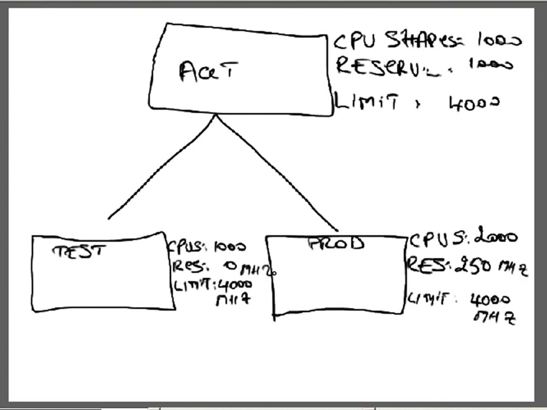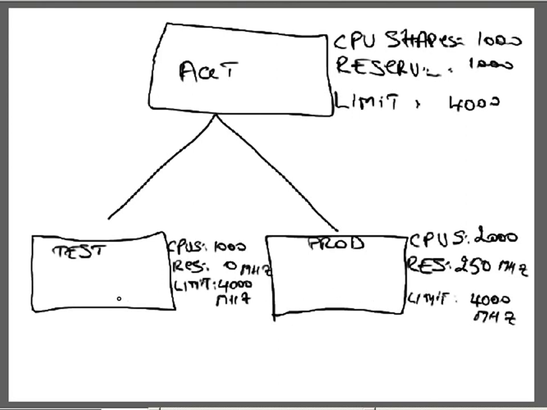So as you can see in this example, we're clearly giving the virtual machines that are in prod the advantage over the virtual machines that are in test. So as far as CPU shares are concerned, the virtual machines in prod, the accounting department, are going to get twice the amount of access time to the physical resource that the virtual machines in test are going to get.